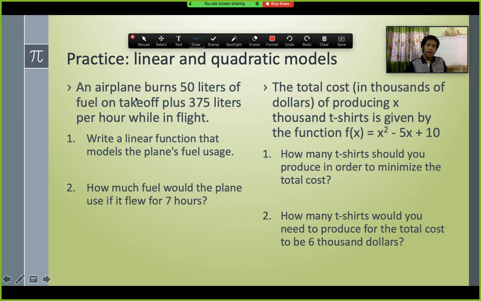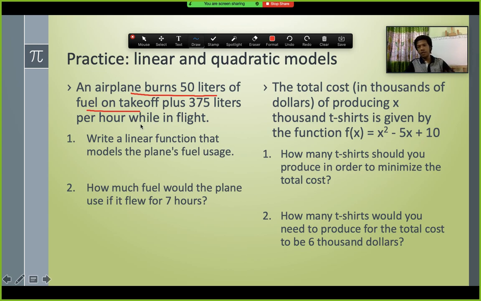An airplane burns 50 liters of fuel on takeoff plus 375 liters per hour while in flight. So what is happening here is this 50 liters of fuel is on the takeoff. This airplane uses this 50 liters one time.